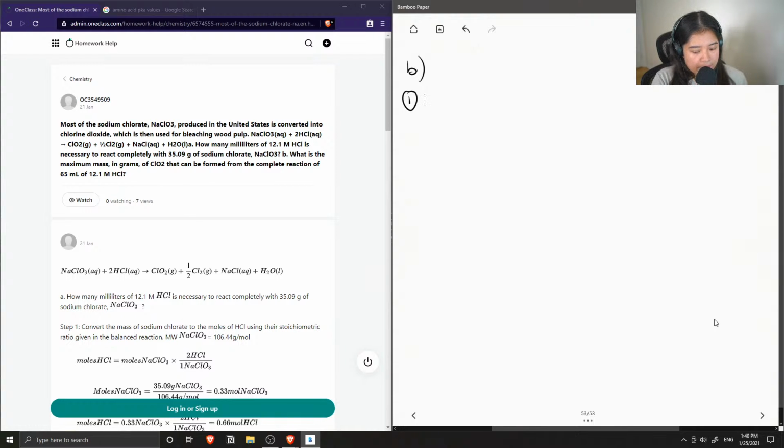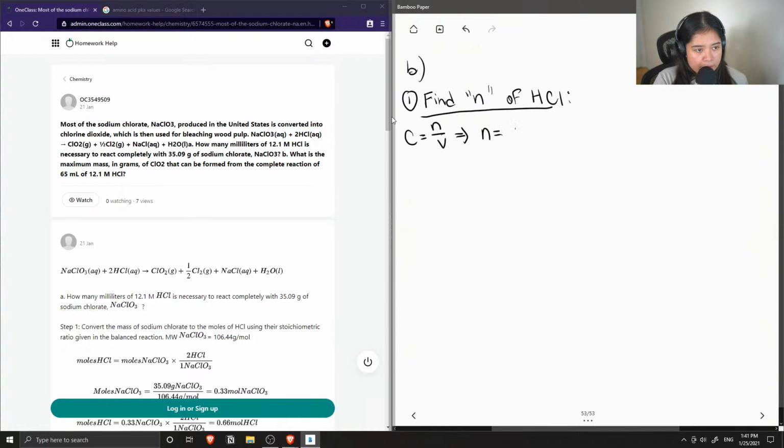So the first step is to find the number of moles of HCl. So again, concentration is equal to number of moles divided by volume. So to find number of moles, we just need to multiply concentration and volume.